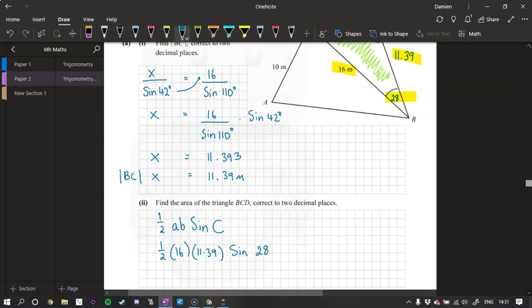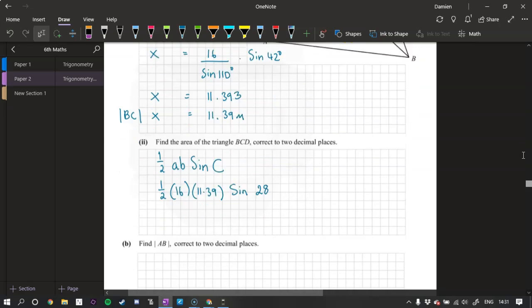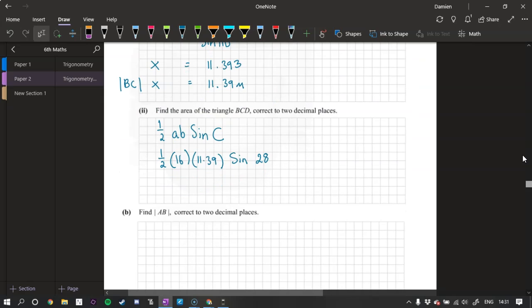When you put all that into the calculator, you're going to end up with 42.778. You're asked to round it, so that gives you 42.78 meters squared to 2 decimal places.